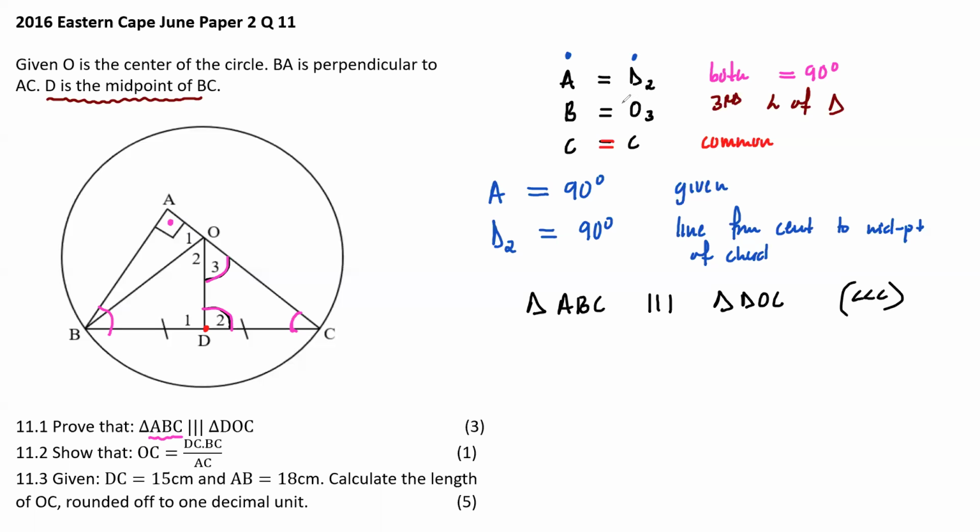Why is D2 90? Line from center of the circle to the midpoint of the chord is perpendicular to the chord. So D2 is 90, and even D1 is 90. Then A is 90 because we're given. So this is our first one, common. Then the last one, the third angle of a triangle.